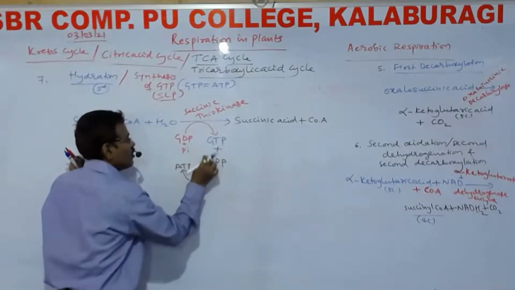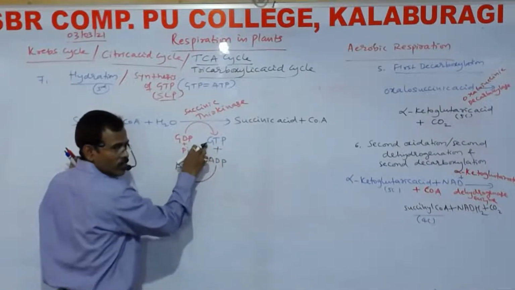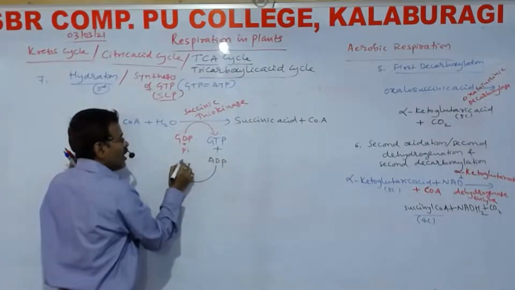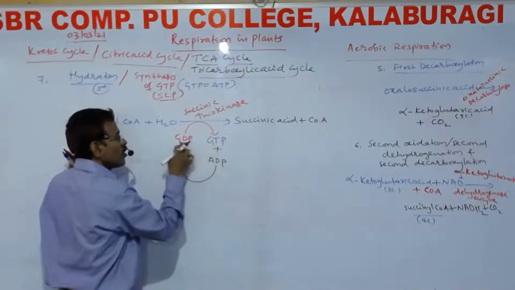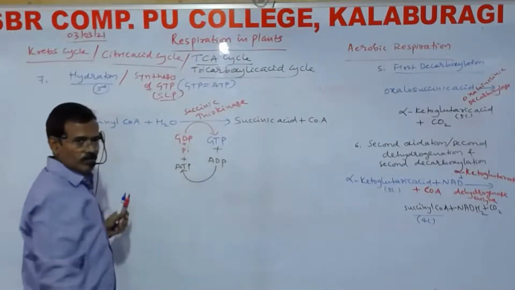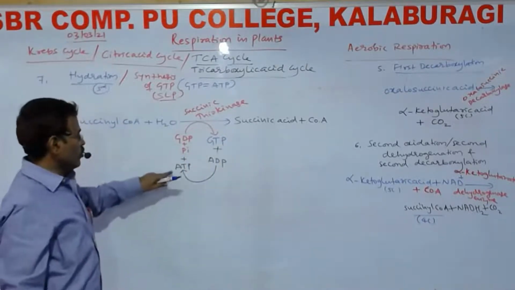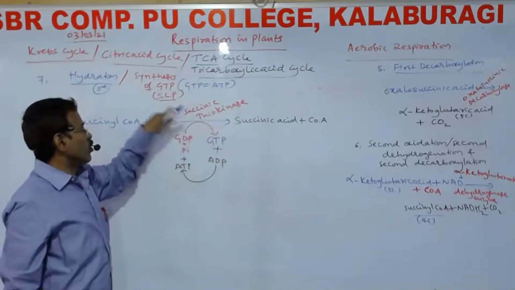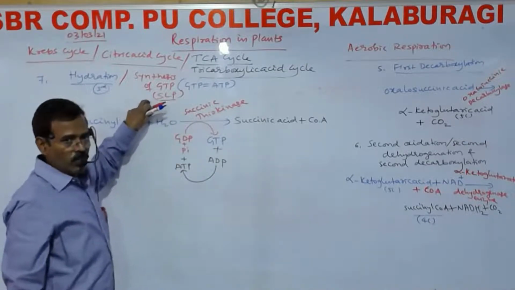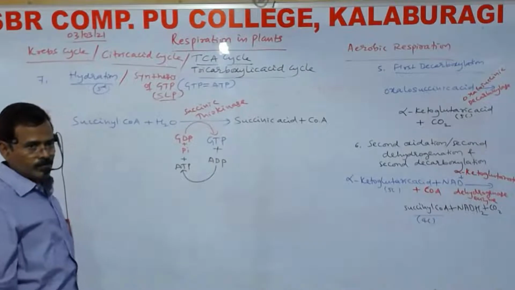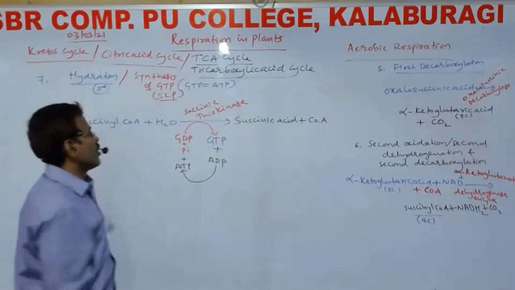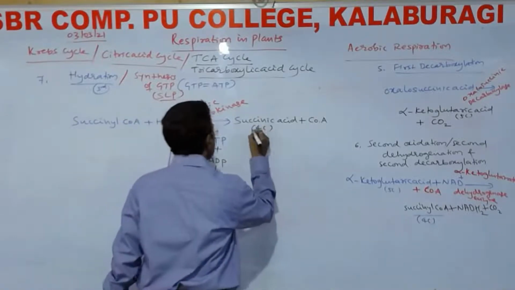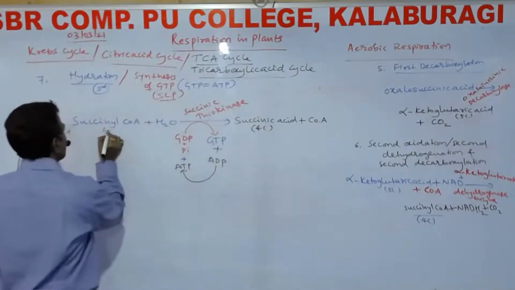ATP, G is replaced by A. So this GTP is produced by substrate level phosphorylation. Okay, so we got another 4 carbon compound, that is succinic acid.